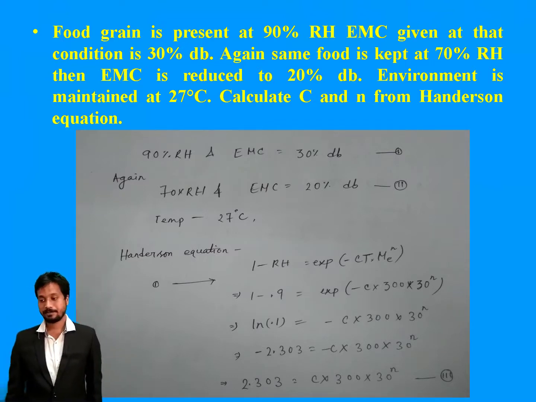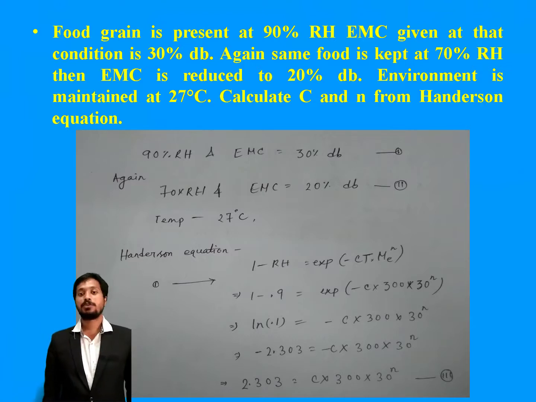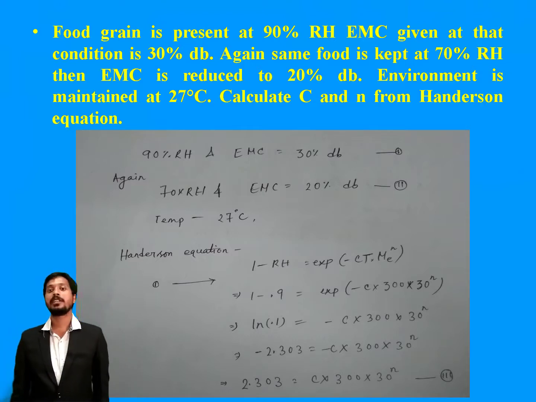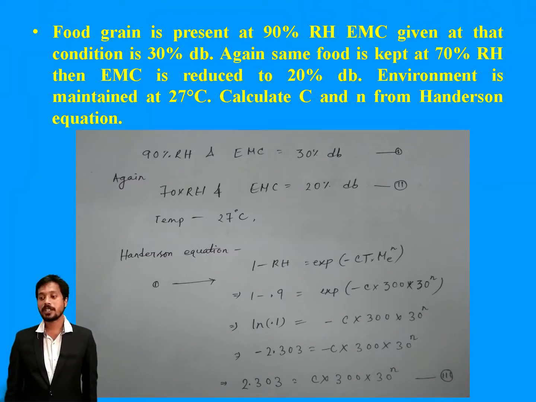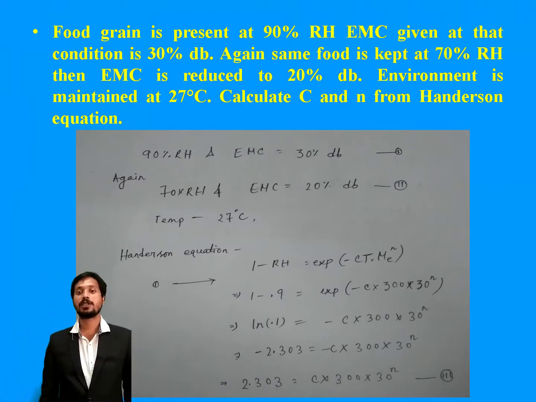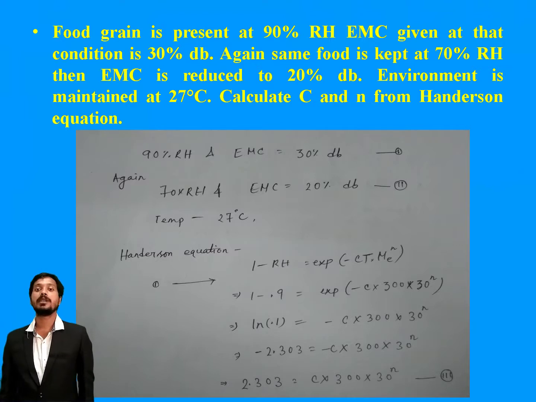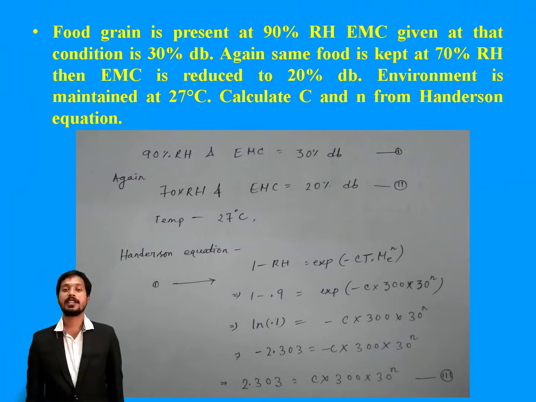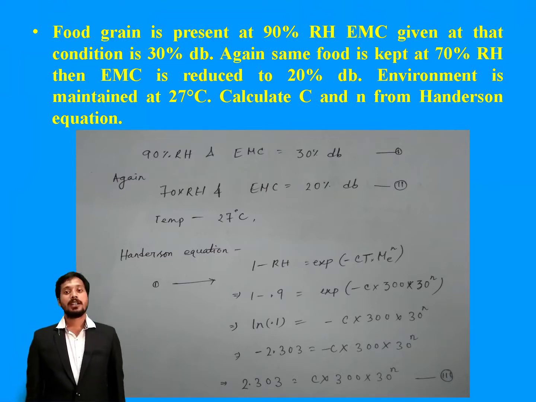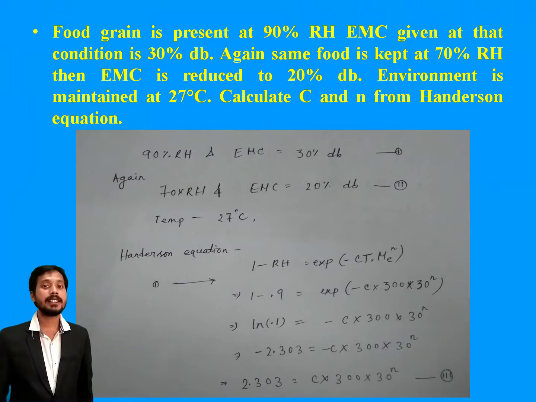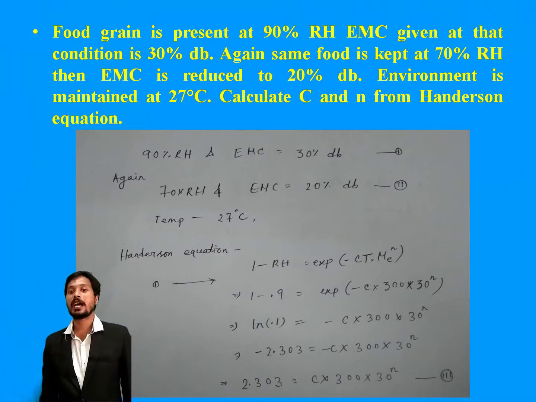Now if I put the values in the first case, the relative humidity how much? 90%. So I know the RH value should be given in decimal. So 1 minus 0.9 equals exponential of minus C, I don't know, T 27 degrees Celsius, and I know it should be in absolute temperature.